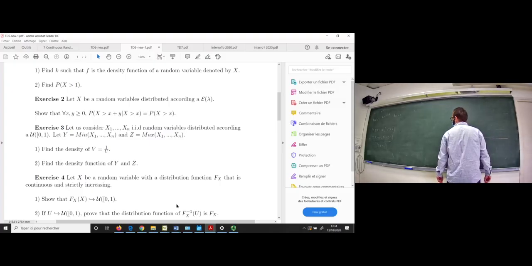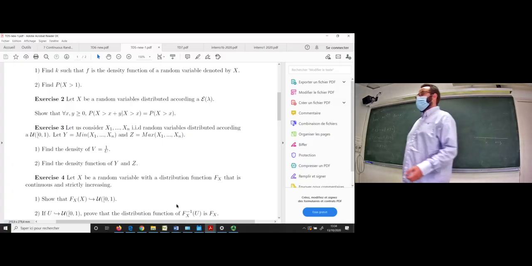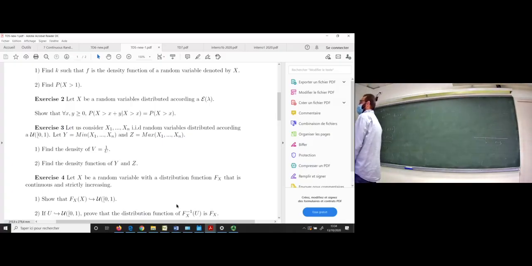I have x, and I have x plus y, because y is positive. They may be equal, but whatever, they are always in this order in the large sense. So if I am greater than x plus y, I am greater than x.